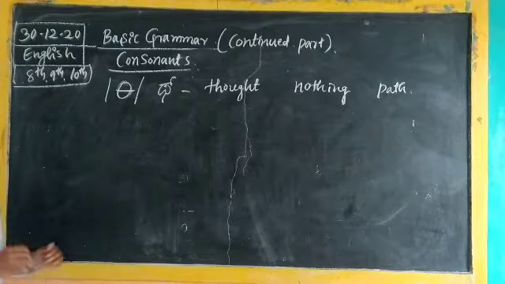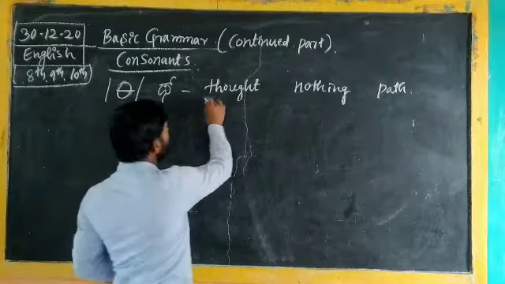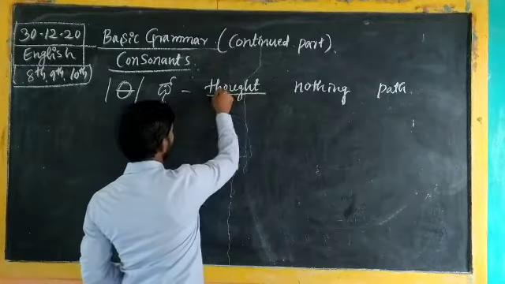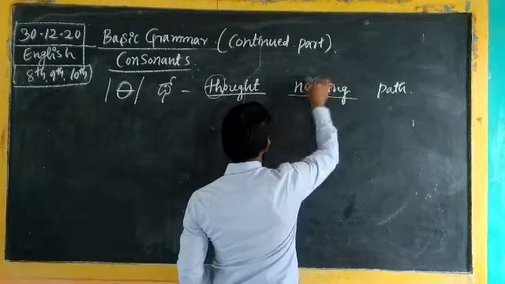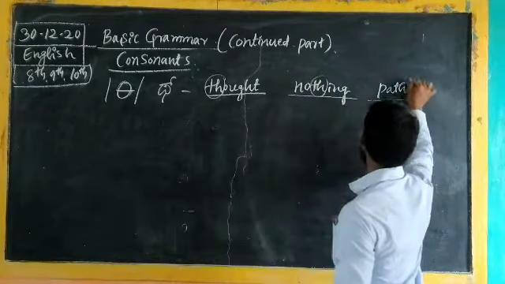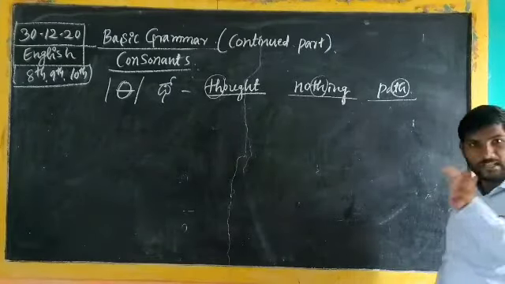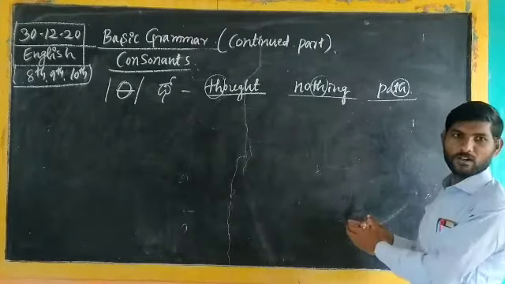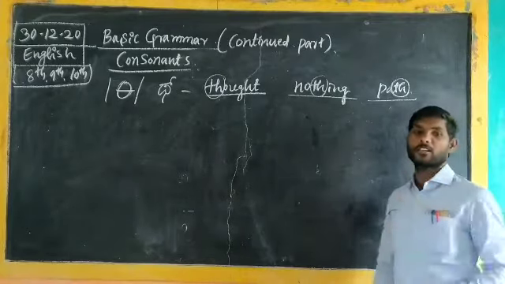So how do we use it in words? Here: thought, nothing, and path. When we utilize th in our words, here we have to utilize the big th.